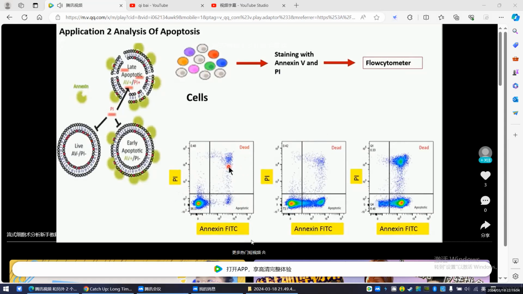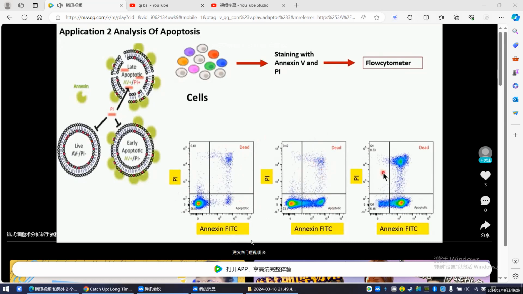Here I am not mentioning the name of the drug, but this is our control experiment. These cells are treated with two different concentrations, low concentration as well as high concentration of the drug. This is the low concentration treatment, and we can see we now have increased apoptotic cells and increased dead cells.